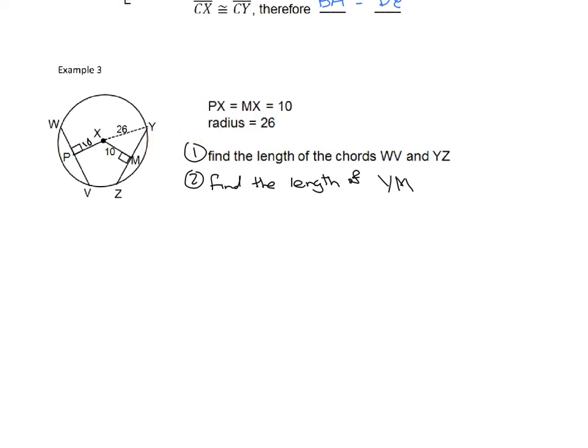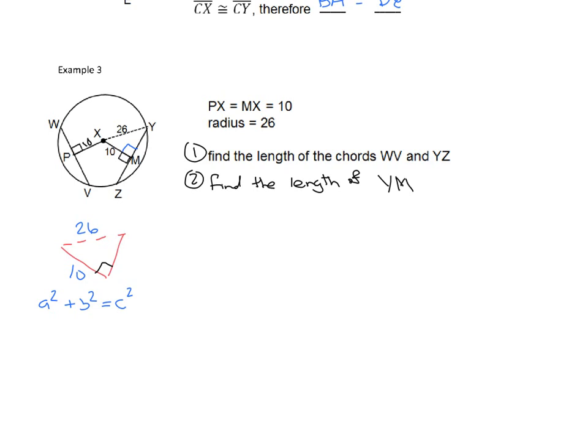Okay, so let's get to it. The question is where to start then? Well, we're going to have to use some prior knowledge on our right triangles to get us started. In order to figure this out, we actually need to figure out what YM is, and we can figure out what YM is by using the Pythagorean theorem because we see that this is a right triangle.